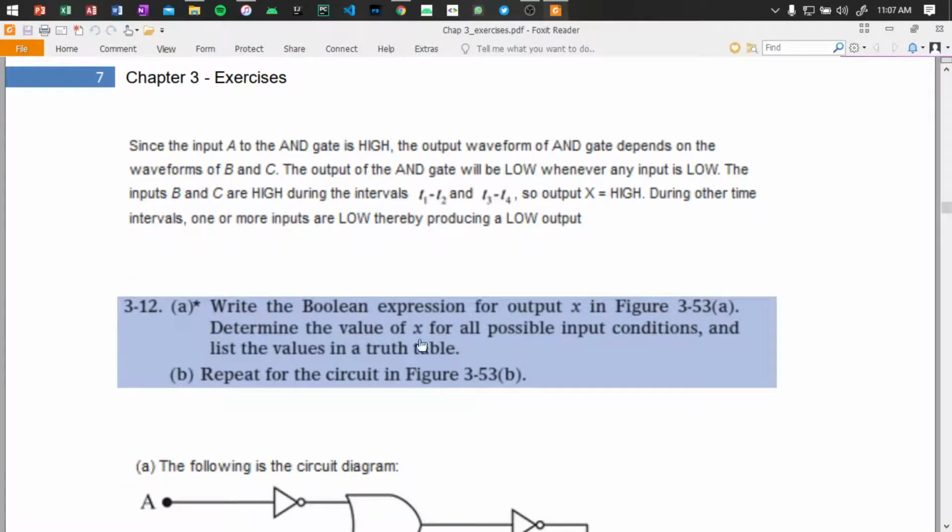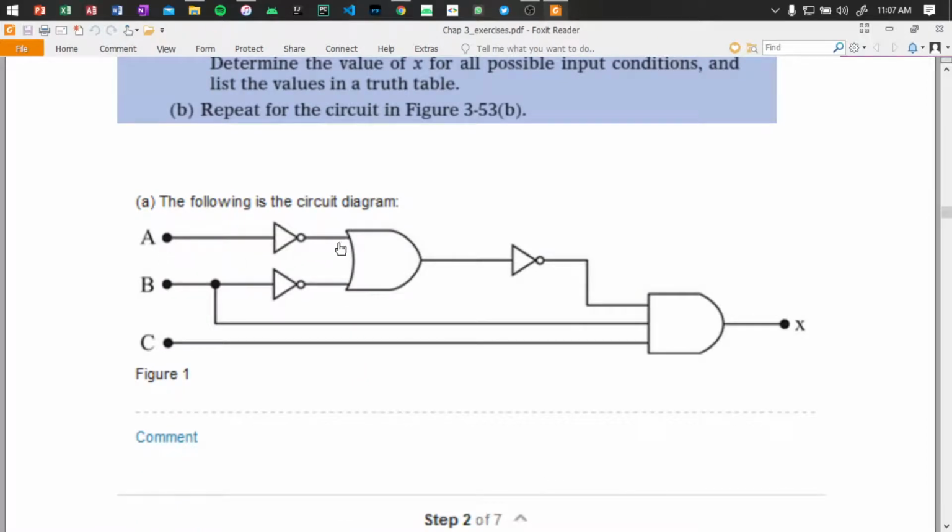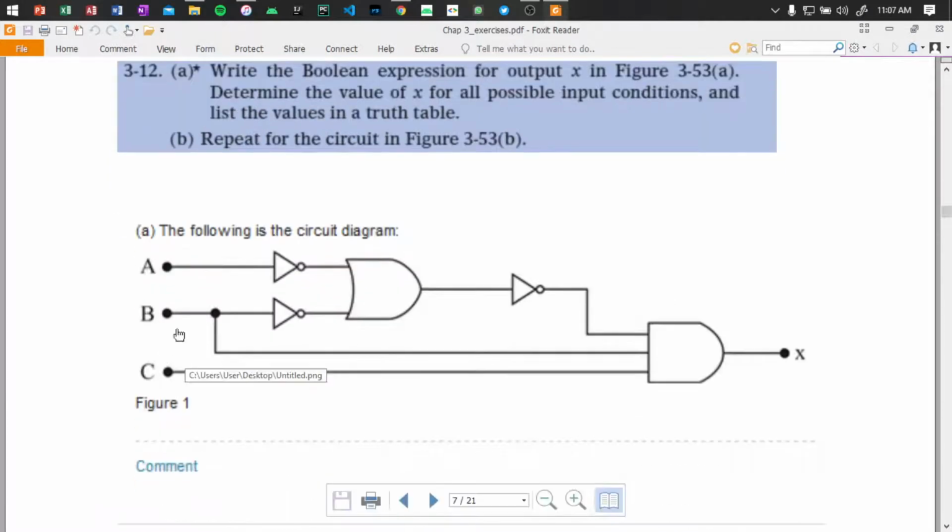We have to write a Boolean expression for the output and figure. A naught is the OR, B naught, A prime, B prime.